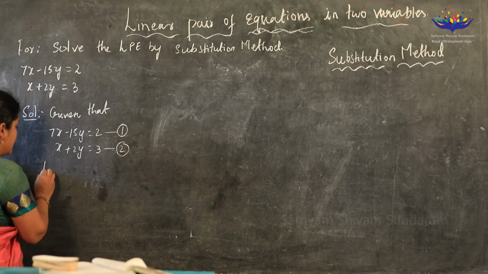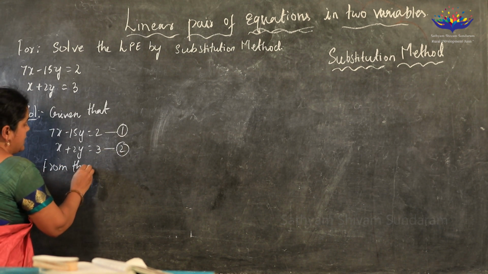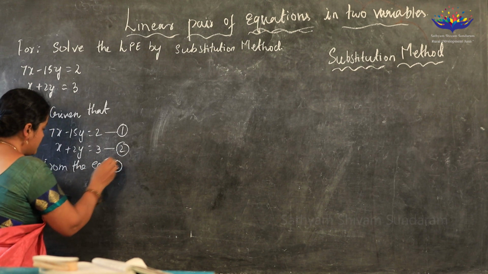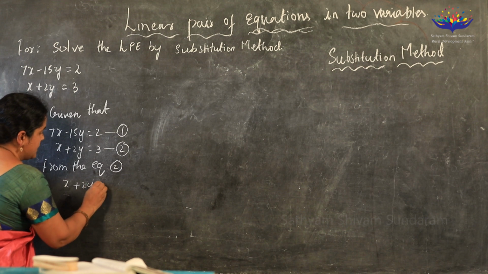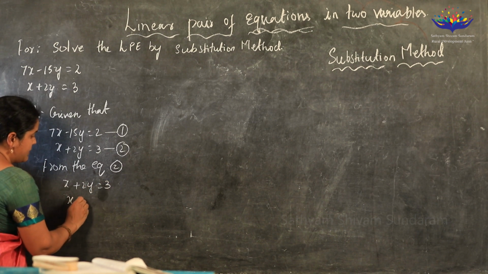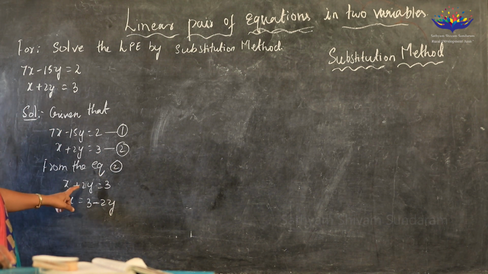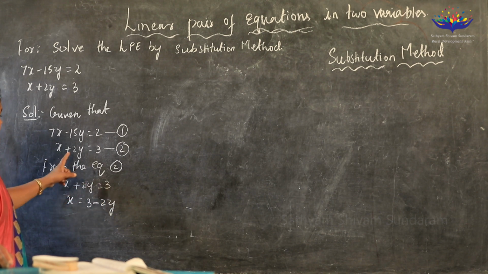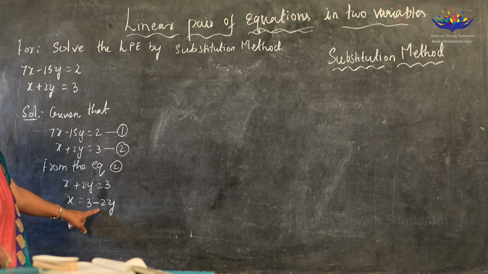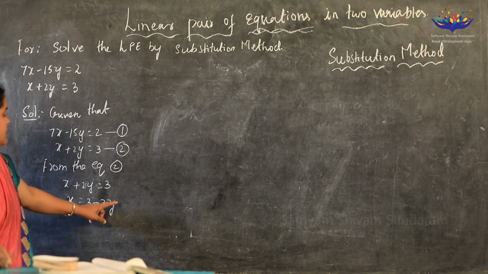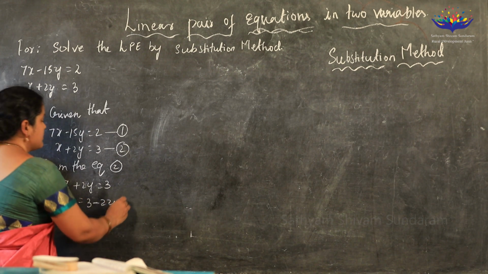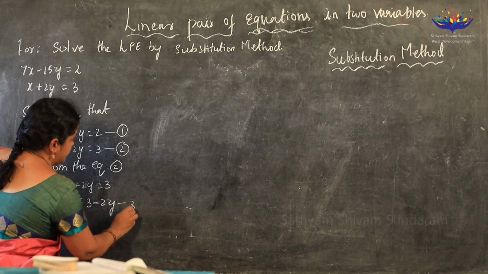From equation 2, x plus 2y is equal to 3, we will write it as x is equal to 3 minus 2y. As 2y is on the left hand side, when it comes to the right hand side, definitely it gets minus. So x is equal to 3 minus 2y, this is equation 3.